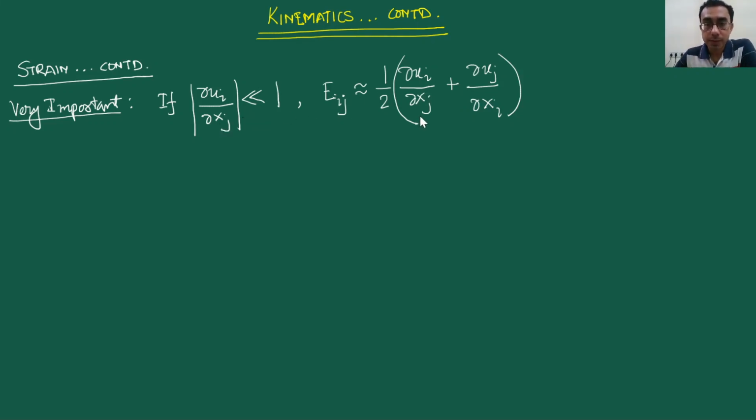Now this particular expression no longer contains any quadratic terms, and this particular form is defined to be this thing, epsilon ij. So we define that whenever we have this particular combination, it is equal to epsilon ij.